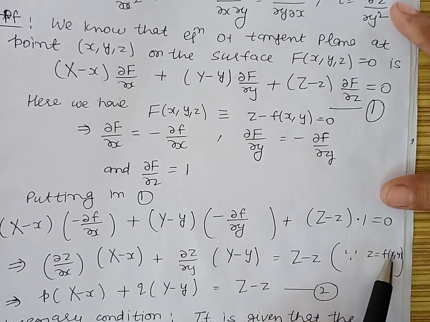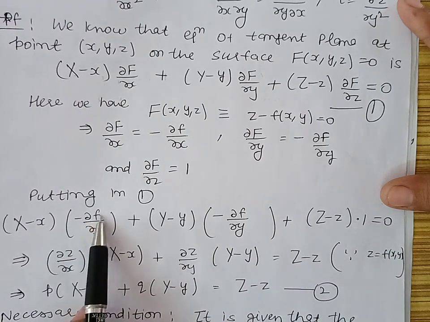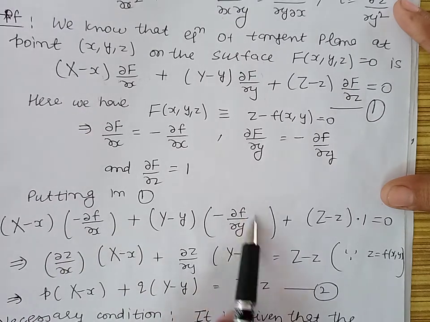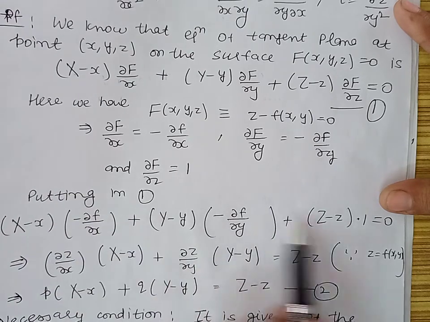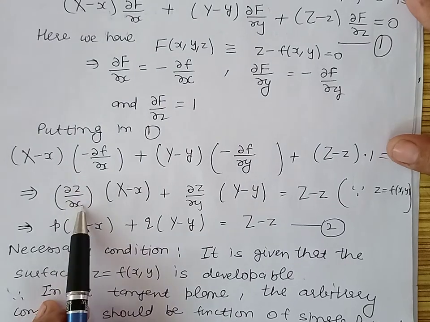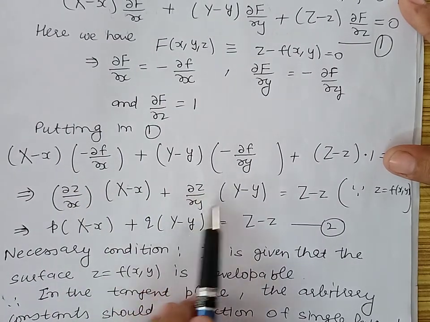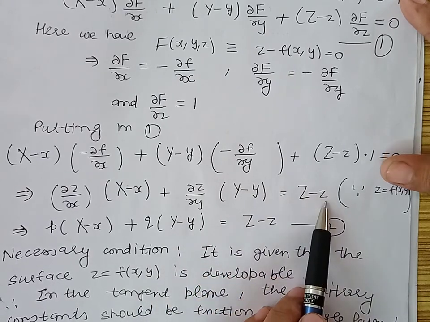Because the value of small f is equal to z, substituting ∂f/∂x as ∂z/∂x and ∂f/∂y as ∂z/∂y, and multiplying throughout by minus 1, we get ∂z/∂x (X minus x) plus ∂z/∂y (Y minus y) equal to Z minus z.